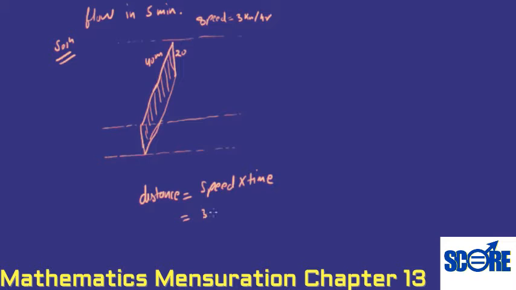The speed is 3 kilometer per hour, but the time is in minutes, so we have to convert it into hours. We write time as 5 by 60 hours. 3 into 5 is 15, and 15 and 60 get cancelled 4 times, so 1 by 4 kilometer, or 1 by 4 into 1000 meter, which equals 250 meter.